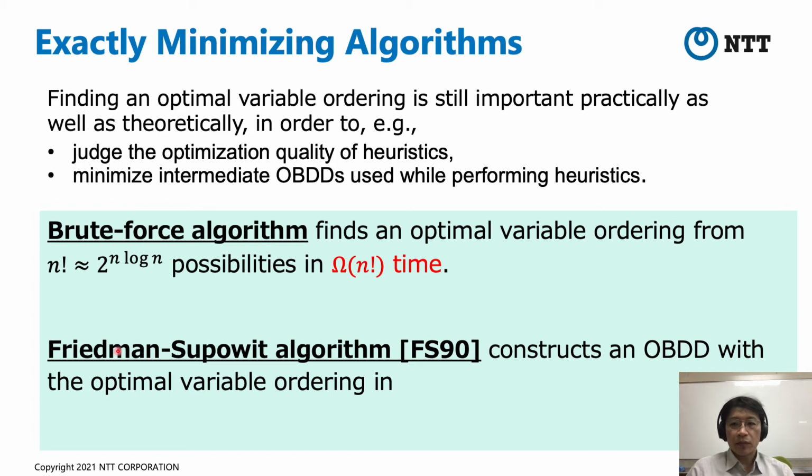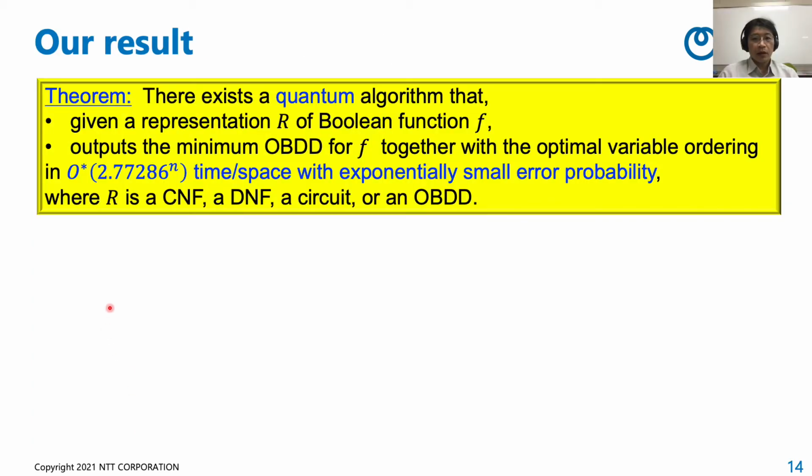Its running time is about 3 to the n, which is less than the brute force bound. Our result shows that further speedup is possible if we have quantum computers.